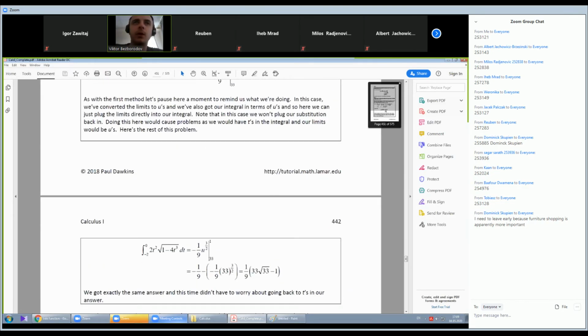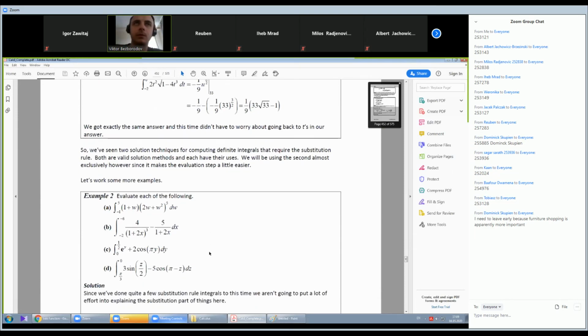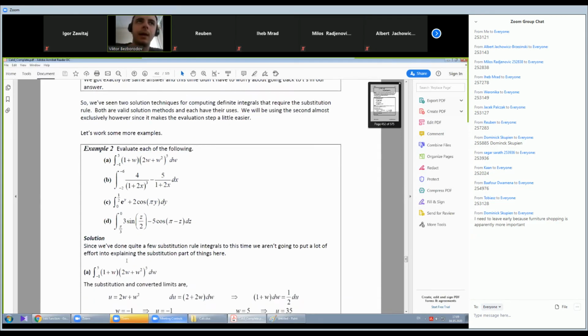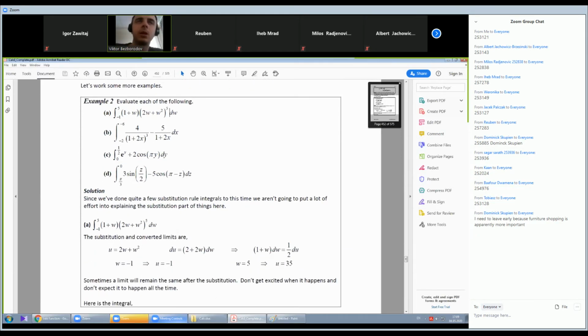So that is what is new for the change of variables, or substitution rule, for definite integrals. Okay, so let's do this one, A. The substitution, once again, we can determine. If we take the derivative of the inside, we'll find that the derivative is going to be 2 times this parenthesis.